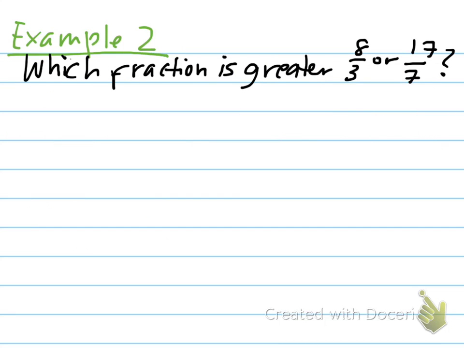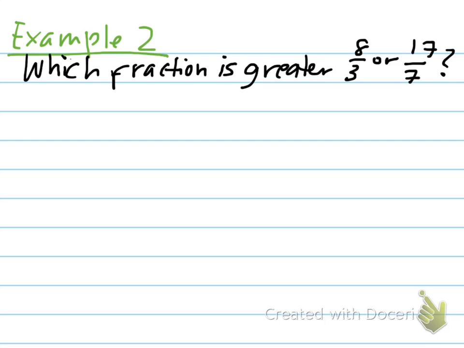Okay, for example 2 in the book, they ask you the question, which fraction is greater, 8 over 3 or 17 over 7? If they had the same common denominator, it would be really easy to tell which one is bigger, but because the denominators are different, it's hard to tell just by looking at the fractions. And sometimes the one you think might be bigger could be wrong. So there is a solution for this.